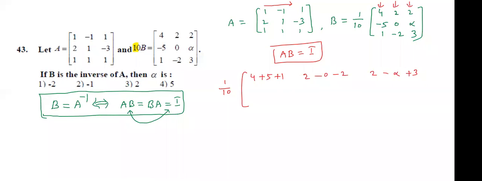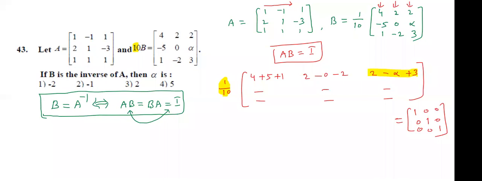See, here alpha is there or not. The remaining entries, no need to find, leave them with some gap. That is equal to the identity matrix: 1 0 0, 0 1 0, 0 0 1. This is the identity matrix. Now compare the corresponding elements, but don't forget 1 by 10.